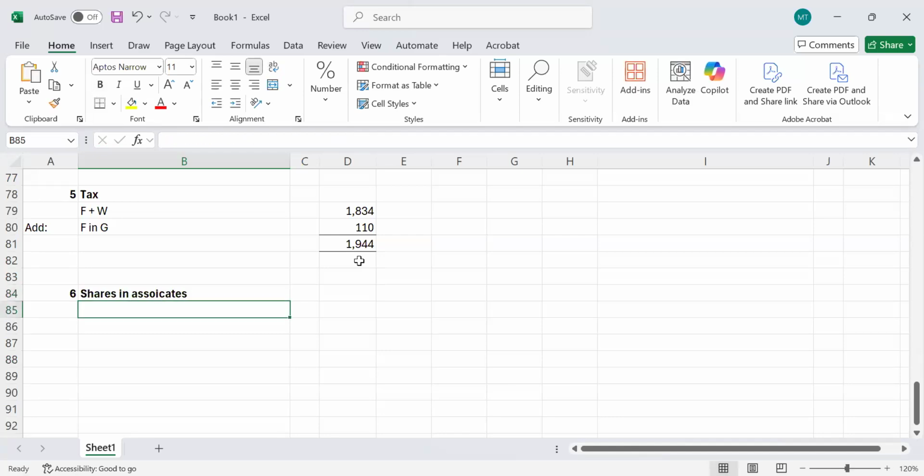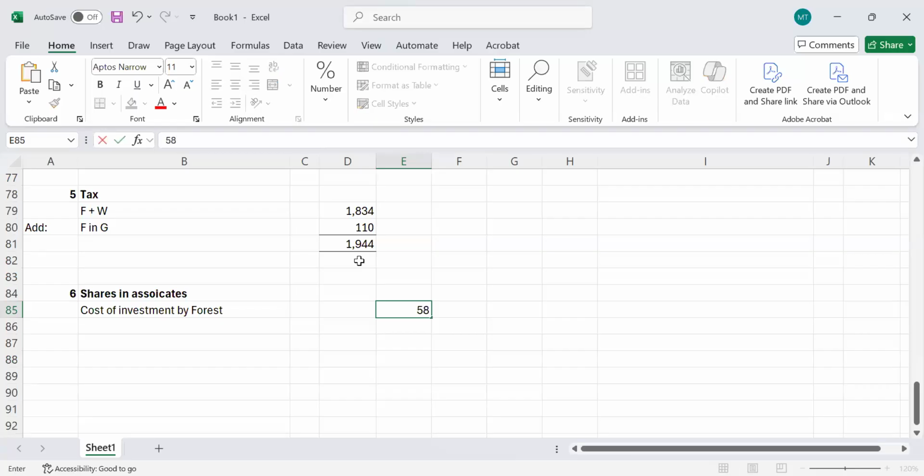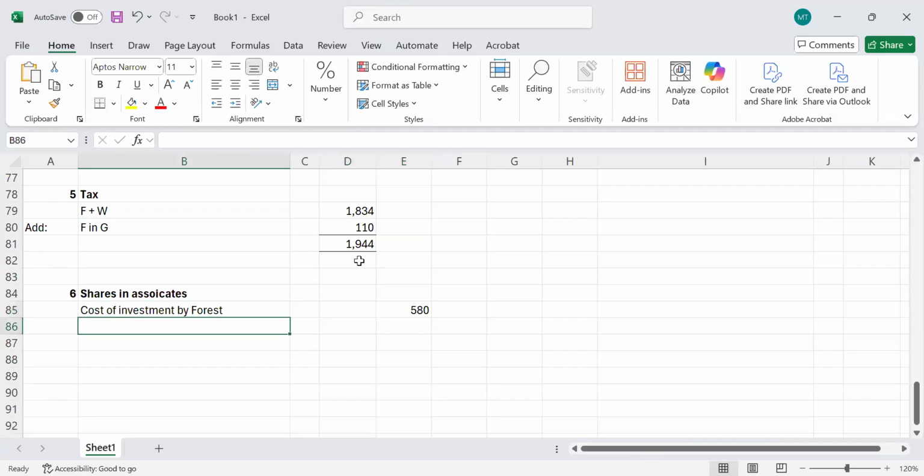So where do we begin? Well, first of all, look for the cost of investment by the parent, Forest, in associates. How much money was invested? We have already learned it was 580,000, right? So that's the start.